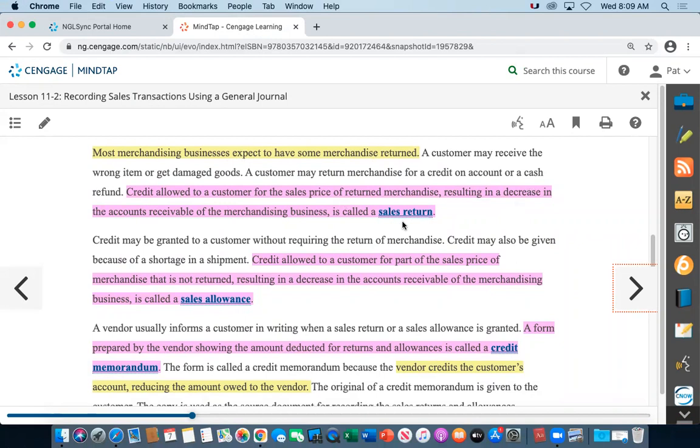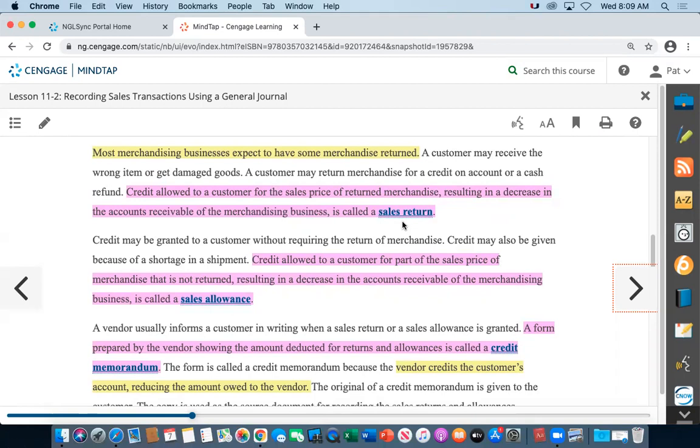In other words, if you make a sale on account, right, what we do is we would debit accounts receivable. Let's say we made a $1,000 sale, right? We credit sales, debit accounts receivable.